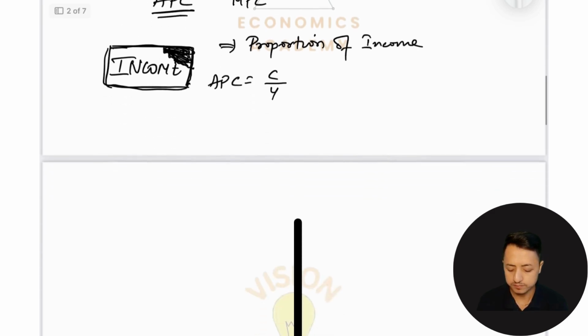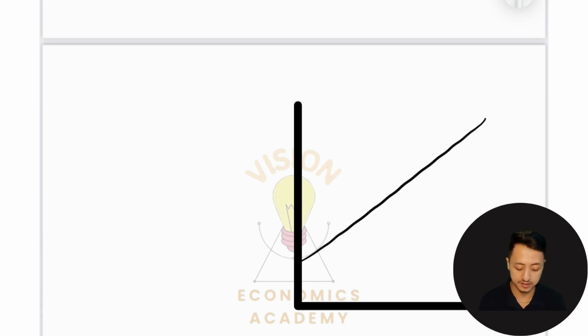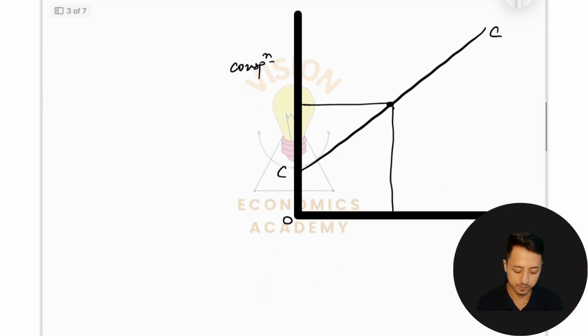Now if you have to understand the average propensity to consume through a diagram, let's draw the consumption curve first, right? C, this is a consumption curve. OC is the autonomous consumption, right? Now let's draw a line here. Okay, so this y-axis is the consumption and x-axis is the income, right?